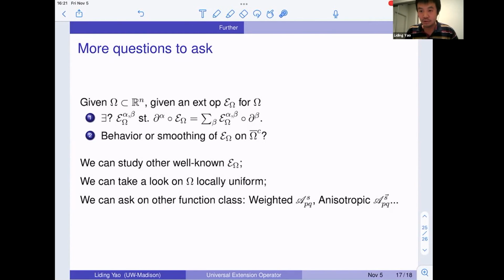Certainly we can ask whether the Jones extension operator has this kind of property if Omega is a locally uniform domain. And we can also try to apply this: if we consider Rychkov's extension, can we do this kind of estimate on a weighted Besov or Triebel-Lizorkin space, or maybe some other kind of space like an anisotropic Besov or Triebel-Lizorkin space?